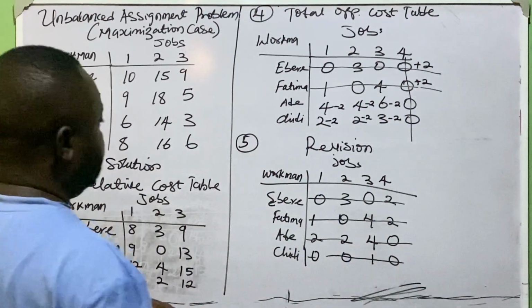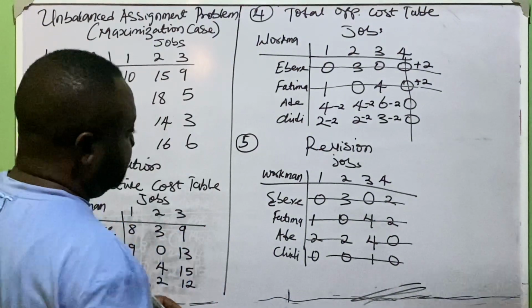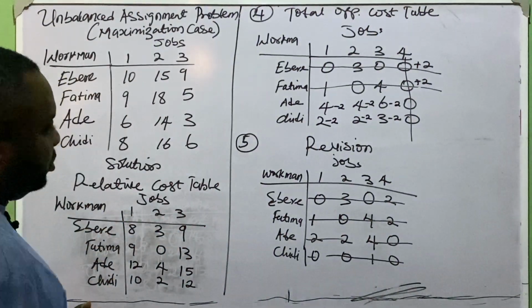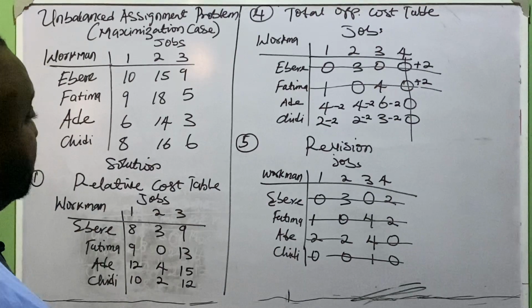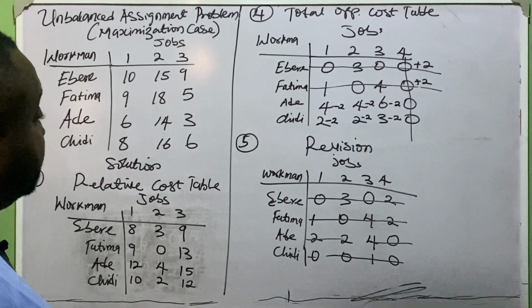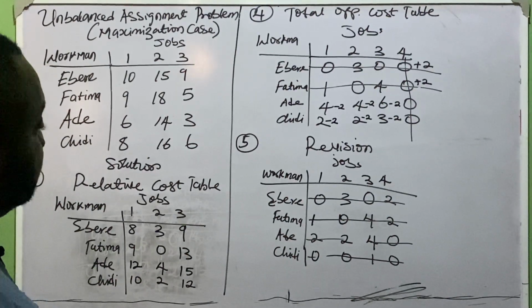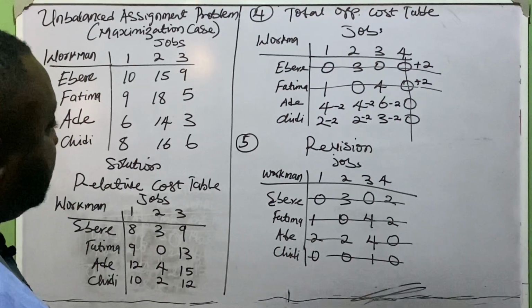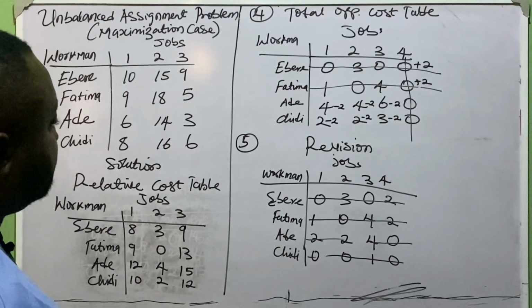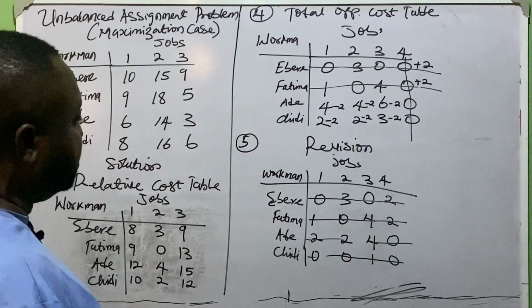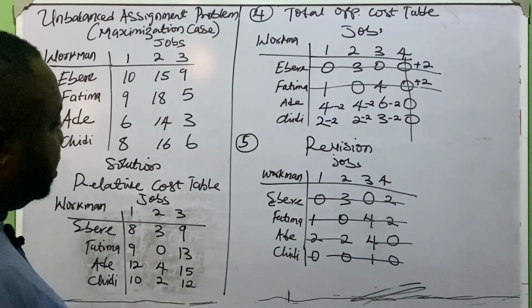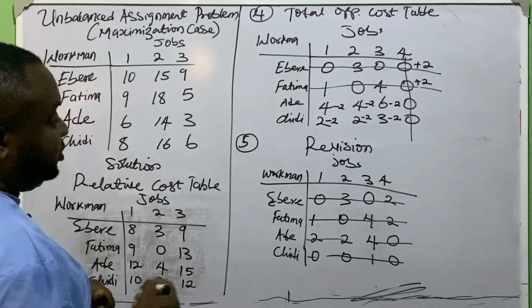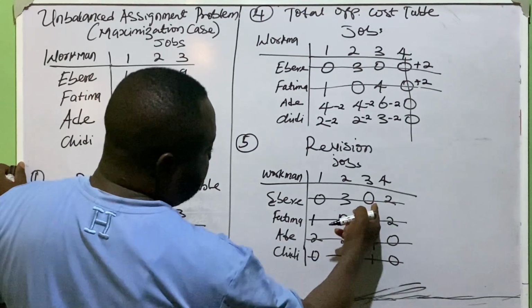So we will have to start from the point where there is a single 0 in row and column. If there is none, we move to where we have a single 0 in a row and maybe 2 zeros in a column, and we progress from there. So I can see this 0.